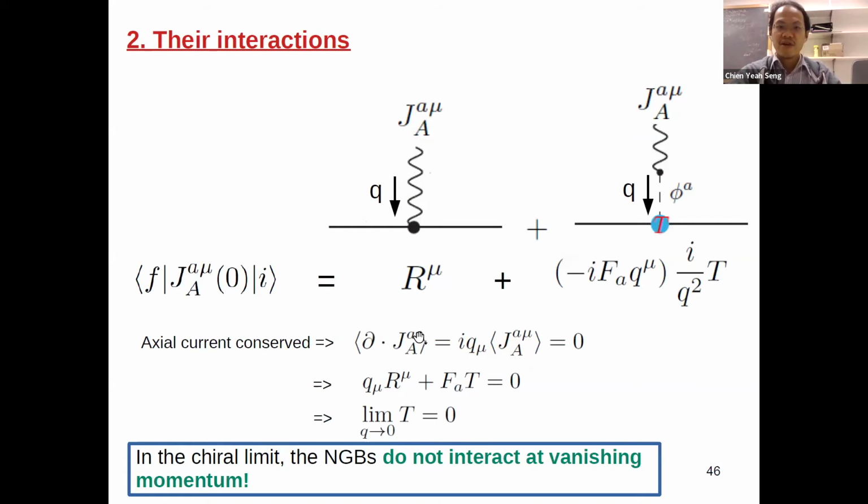And then if you take q equals 0, namely the Nambu-Goldstone boson has vanishing momentum, then since this side equals 0, T has to also be 0. So it means the interaction T between the Nambu-Goldstone boson and the rest of the hadronic system will vanish if the Goldstone boson has vanishing momentum. So this is another very important property of the Nambu-Goldstone boson. Namely, in the chiral limit, it does not interact at vanishing momentum.